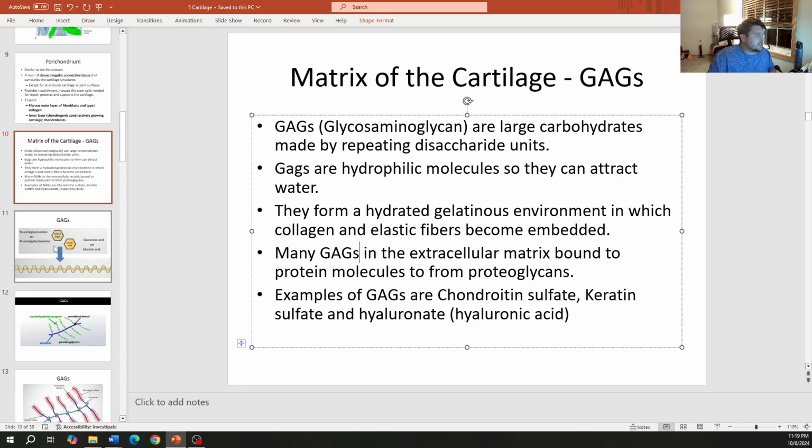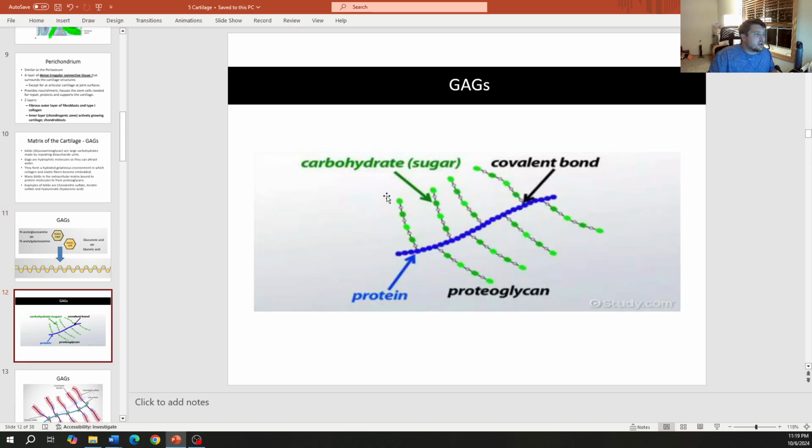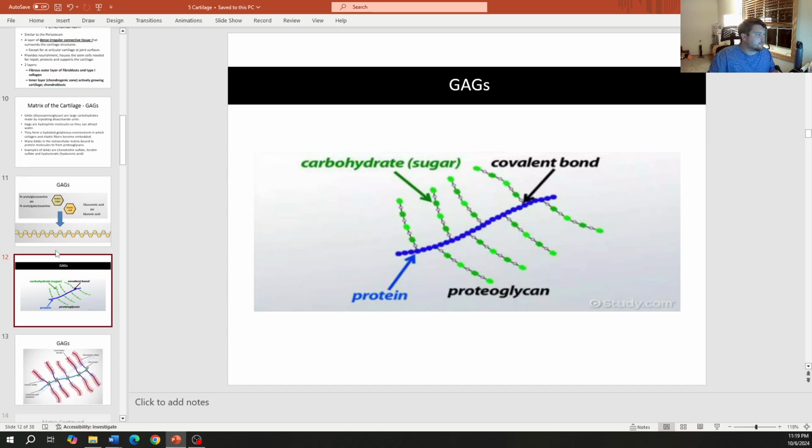And we're going to take a look at that. So we get these pairs, we make these chains. These carbohydrate chains covalently bond to a core protein, and that forms a proteoglycan. Okay?